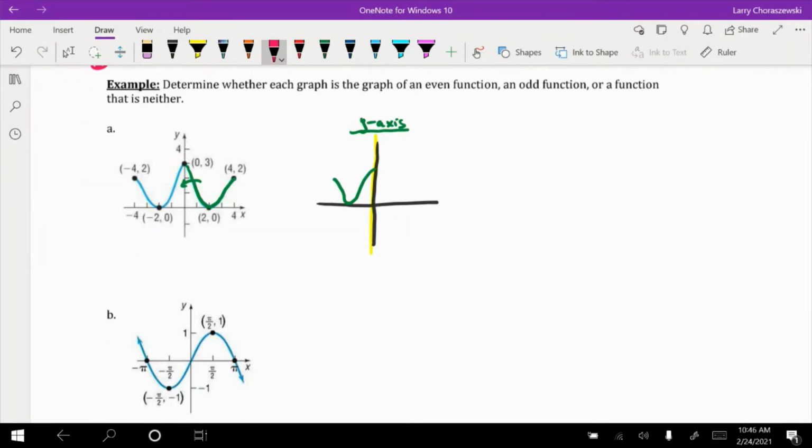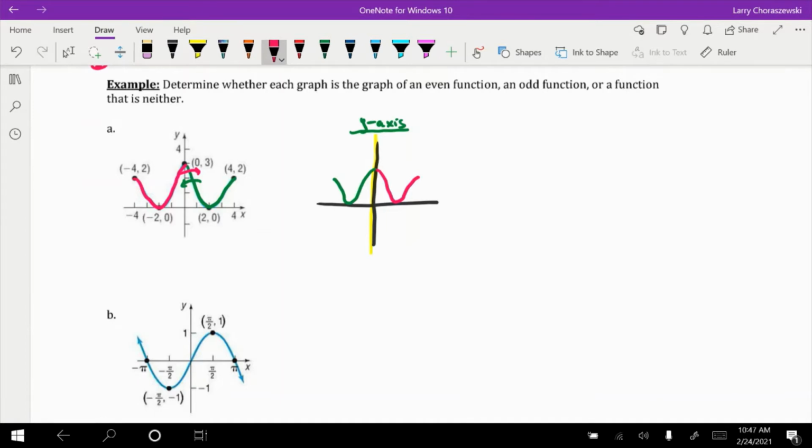And we're going to do a similar thing with the part of the graph that's to the left of the y-axis, namely this part. We're going to reflect it across the y-axis this way. And this would complete our y-axis reflected graph.